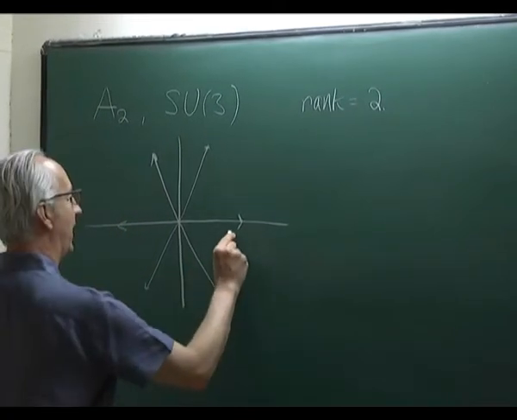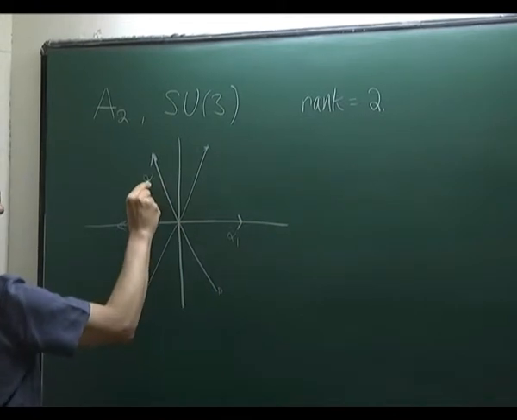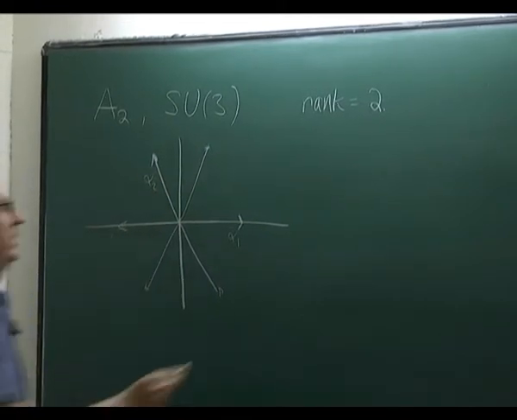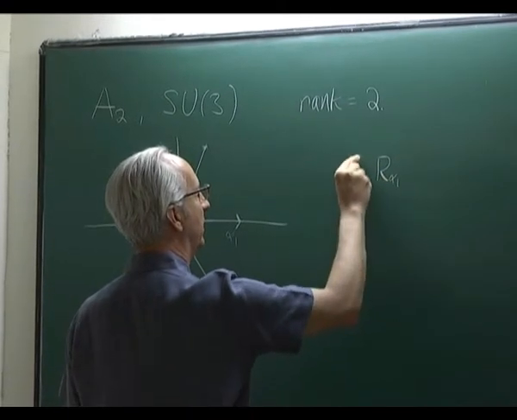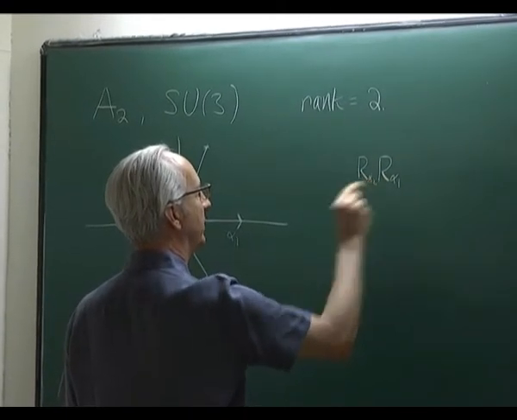And if alpha 1 and alpha 2 are the two simple roots of A2, then you can consider a reflection in alpha 1 followed by a reflection in alpha 2.